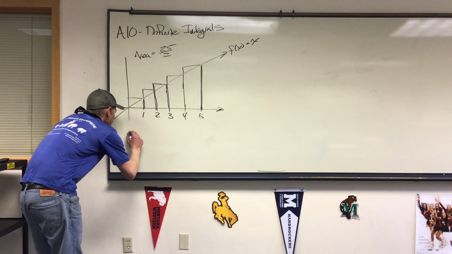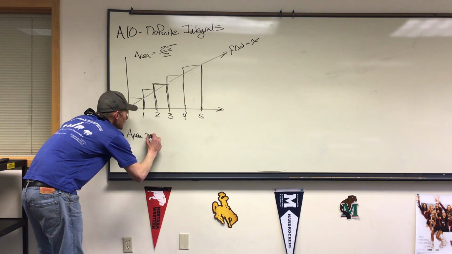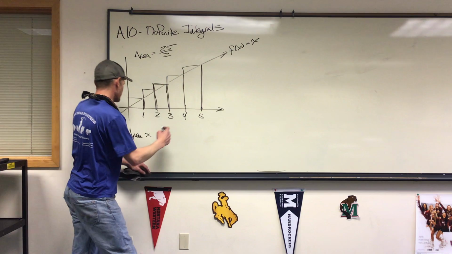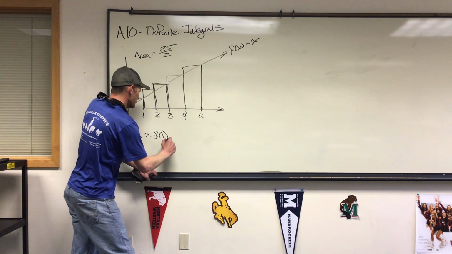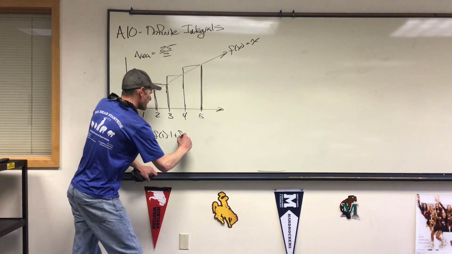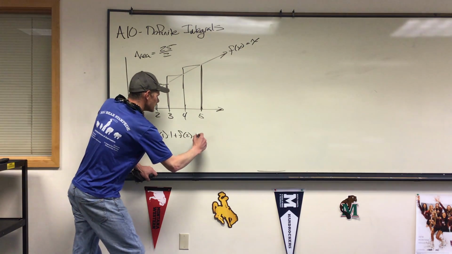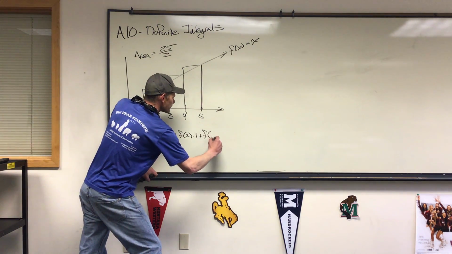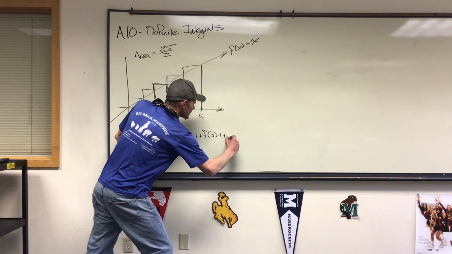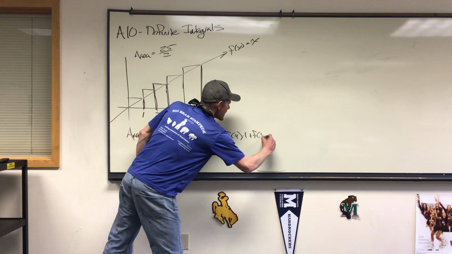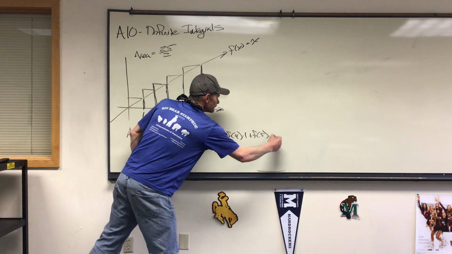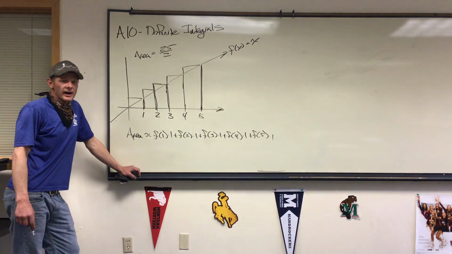So I can say then that the area under the curve from 0 to 5 is approximately f of 1, the height, times 1, plus f of 2, the height, times the width of 1, plus f of 3 times 1, plus f of 4 times 1, plus f of 5 times 1. And that's approximately the area.